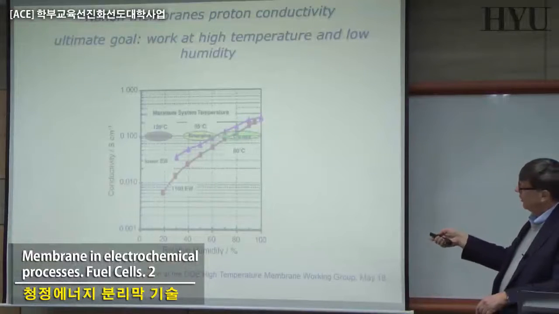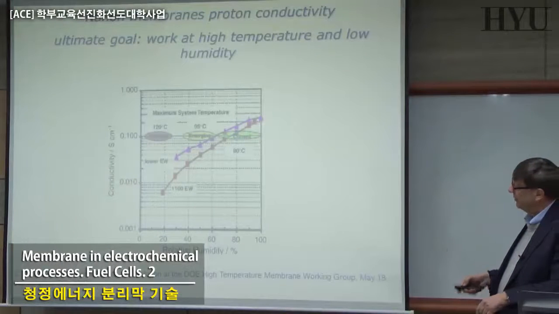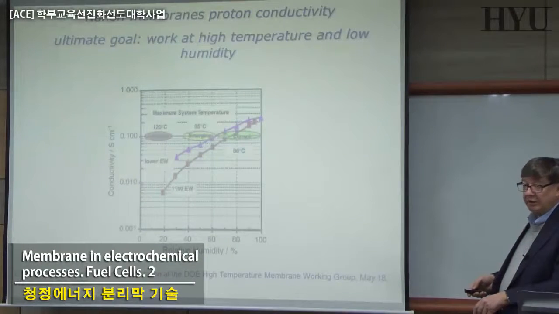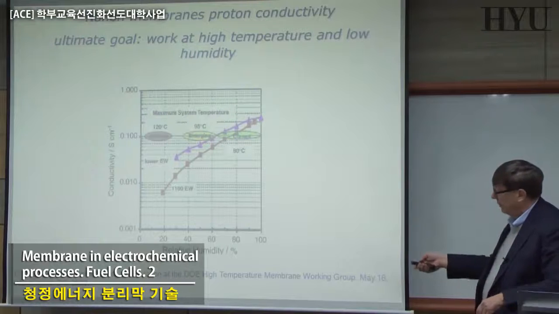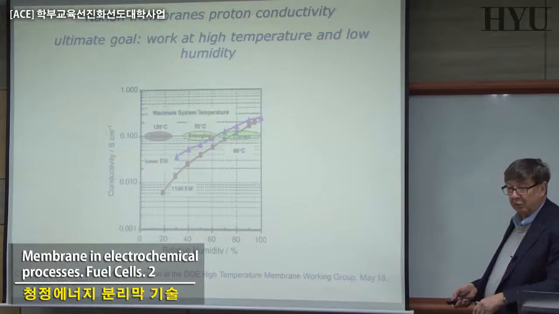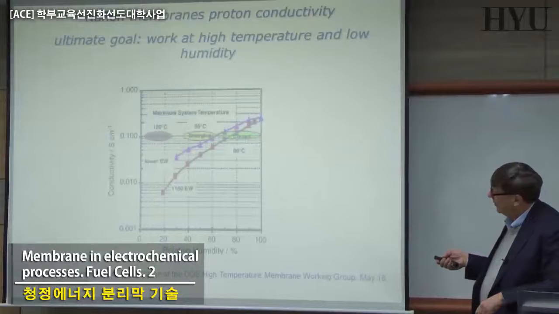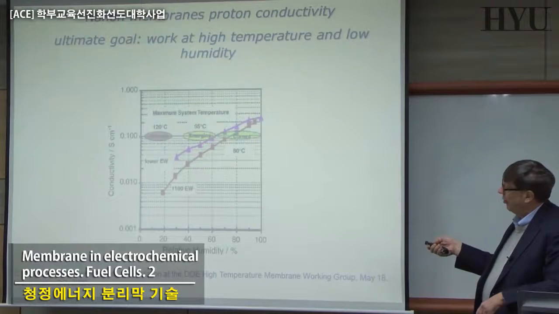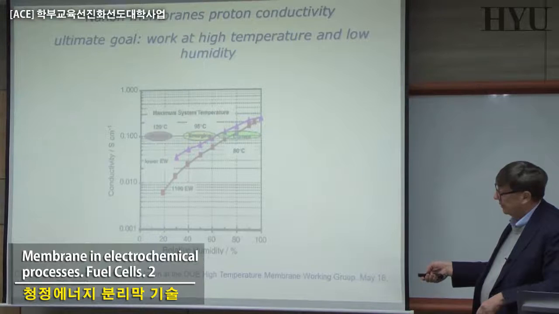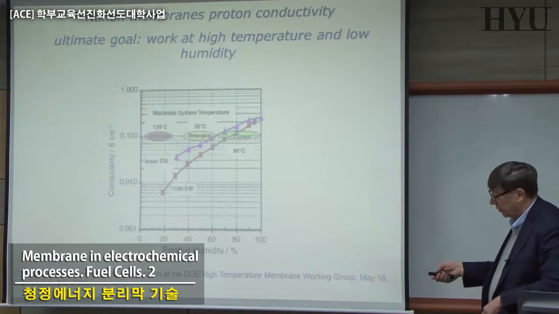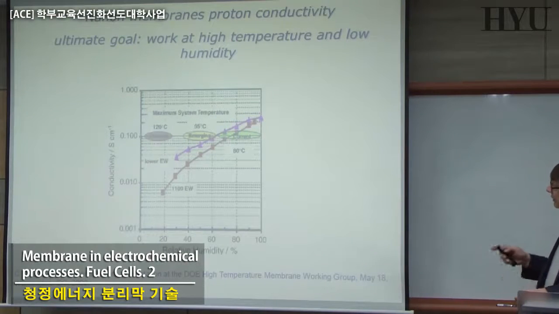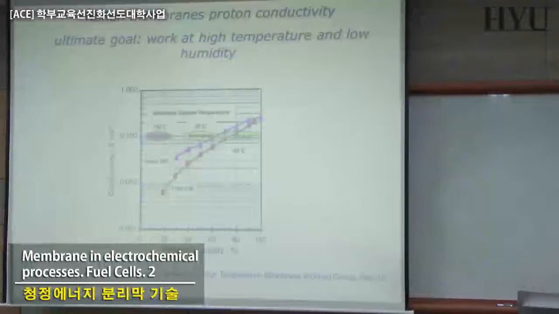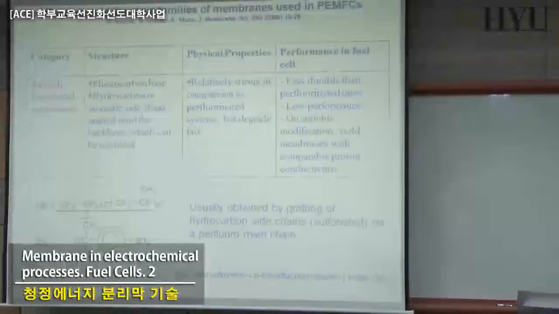Today we are in this green area, working, competing around 80 degrees centigrade basically. But in this case, relative humidity has to be high. The best would be to operate not in the yellow or in the other area, but at intermediate temperature and low relative humidity. And that can be one suggestion for competing with Nafion.